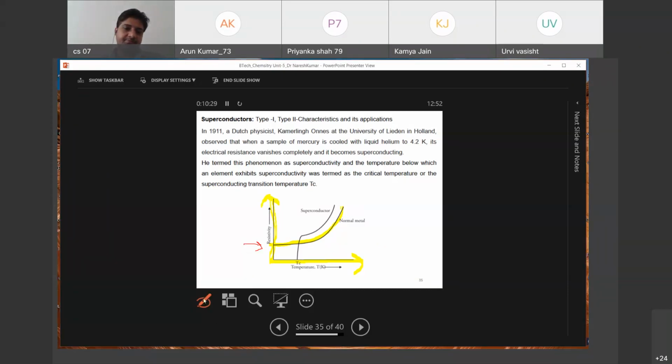If you see here, in that case, when you decrease the temperature, the resistance also decreases a little bit. At a particular temperature, you will see there will be a sharp decrease.